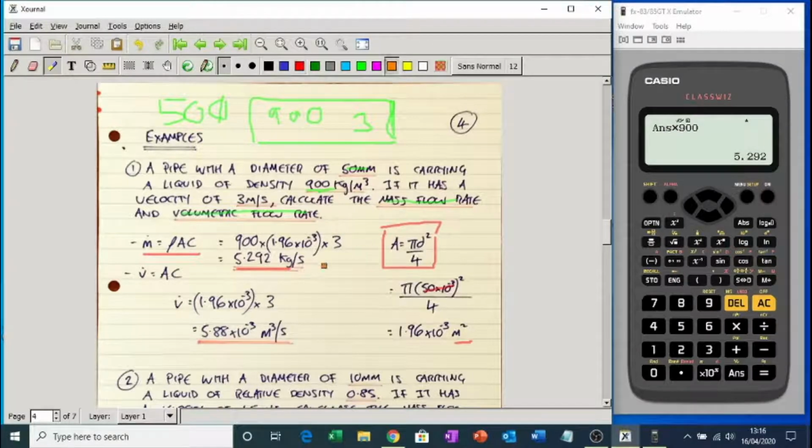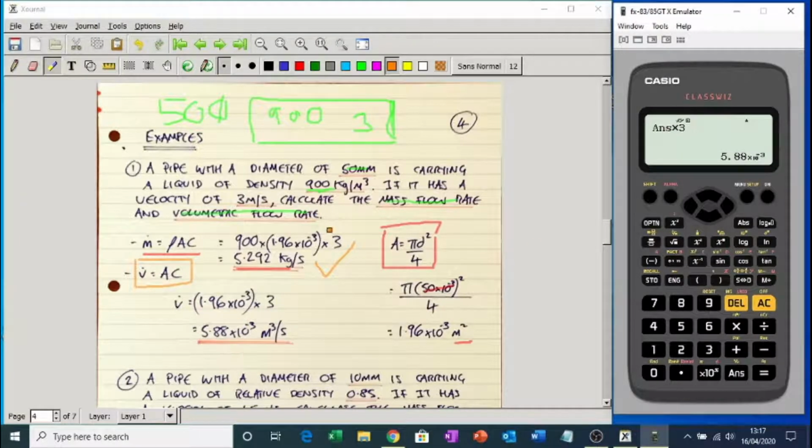So tick that one. And then the volumetric flow rate is just area times by the speed. Well, we know the area and we know the speed. So 1.96 times 10 to the minus 3, because it's here, look, times that by the speed, which is 3, gives me 5.88 times 10 to the minus 3 cubic meters per second.